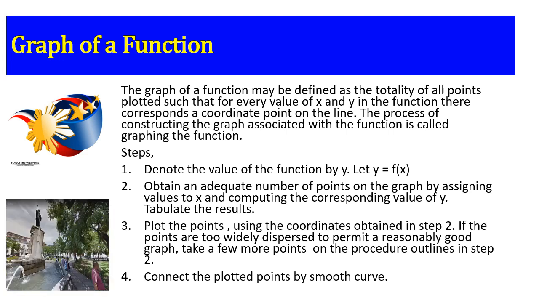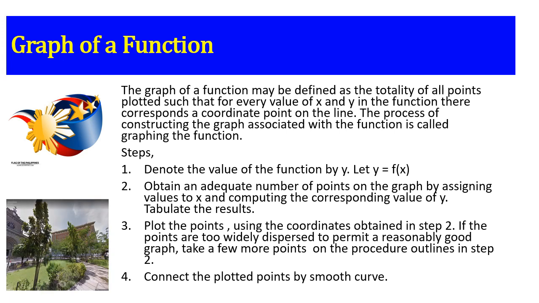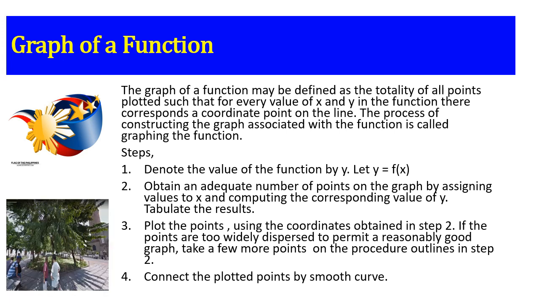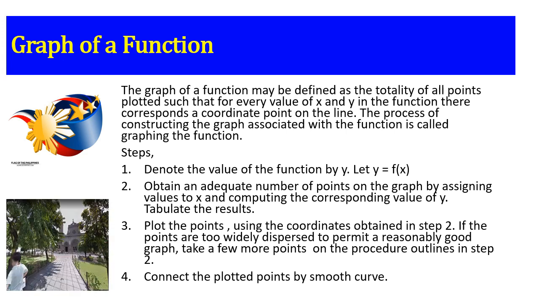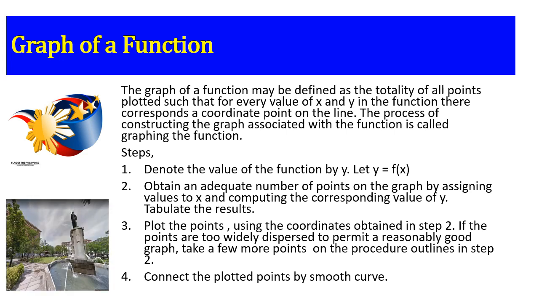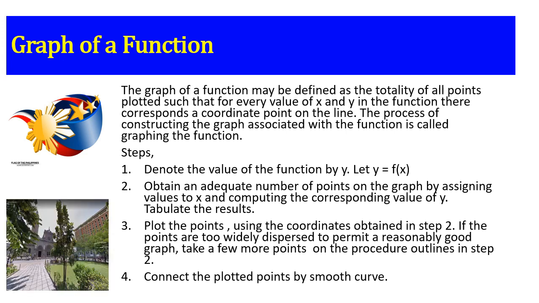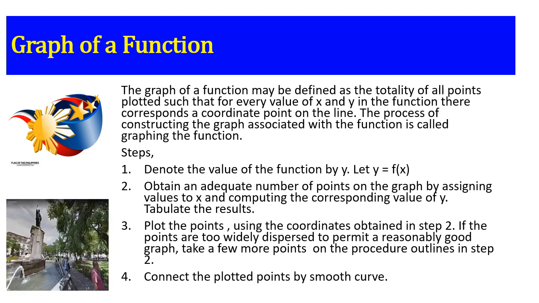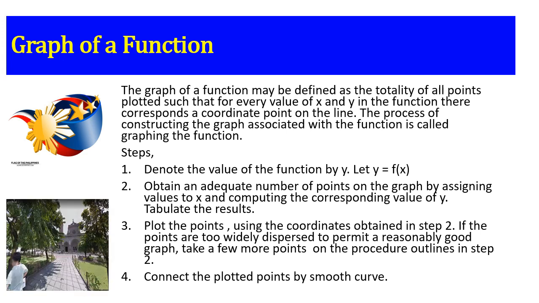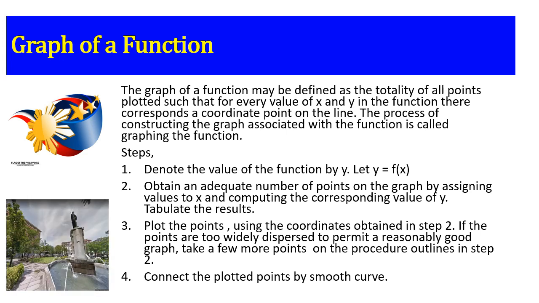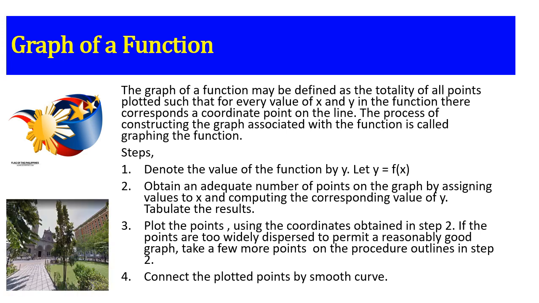Number 1, denote the value of the function by y. Let y is equal to f of x. Number 2, obtain an adequate number of points on the graph by assigning values to x and computing for the corresponding value of y, and then tabulate the results.